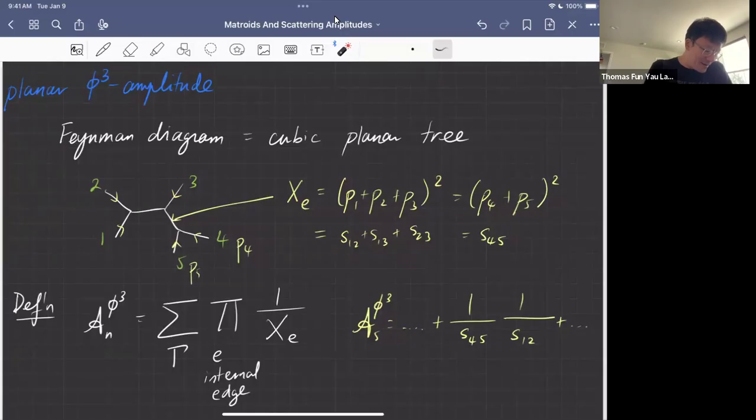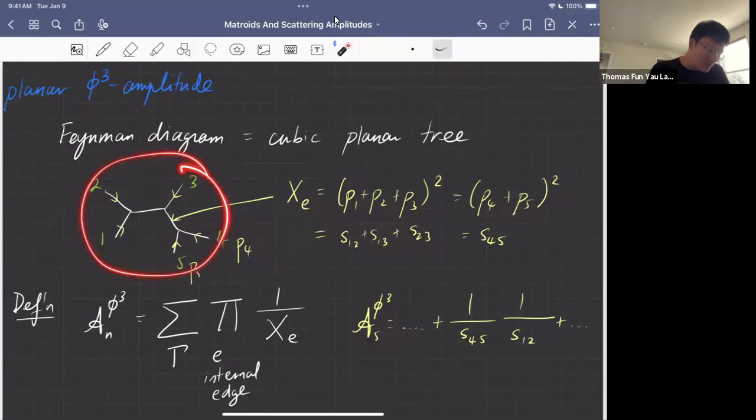In any case, it's a rational function in the S_ij's, and it's obtained by summing over all cubic planar trees gamma. Then you take the product over all internal edges. In this example, every such tree will have 2 edges. And then you take 1 over the propagator, 1 over x_e.